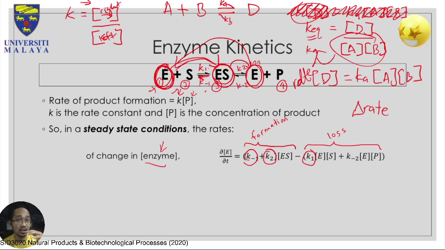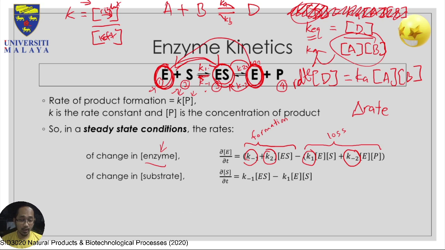So now you are losing your free enzyme, and at the same time K minus 2, which is your free enzyme again forming the ES complex. These are the basic mathematical representations of the change of enzyme concentration. Similarly, you can do a change in substrate concentration, so you can do it on your own. I'm not going to explain why the reaction is very short compared to the enzyme. Think about it. And also you can have the change in enzyme substrate complex.